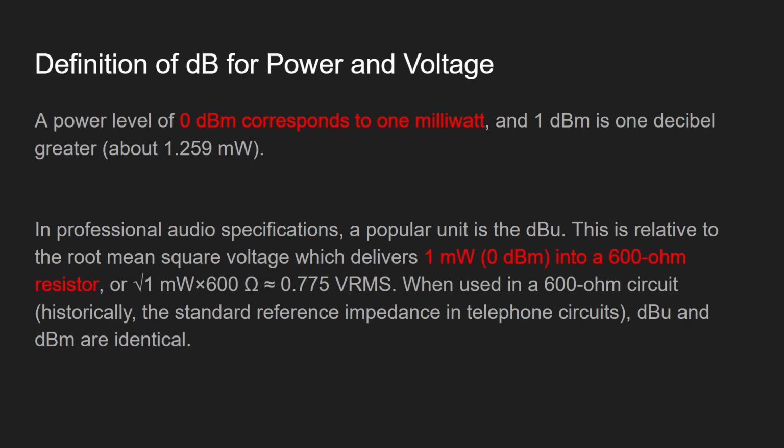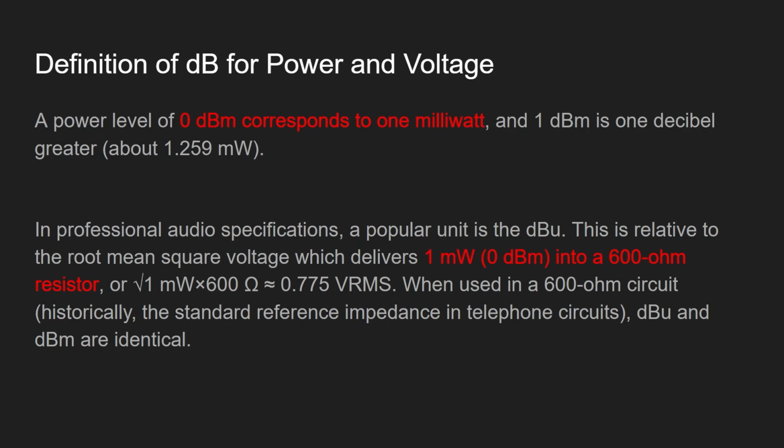Okay. The basic definition of 0 dB. dBm means 1 milliwatt. You can also write this as 0 dBmW. The mW means milliwatt. So in the past, 0 dBm has a reference point at 1 milliwatt.